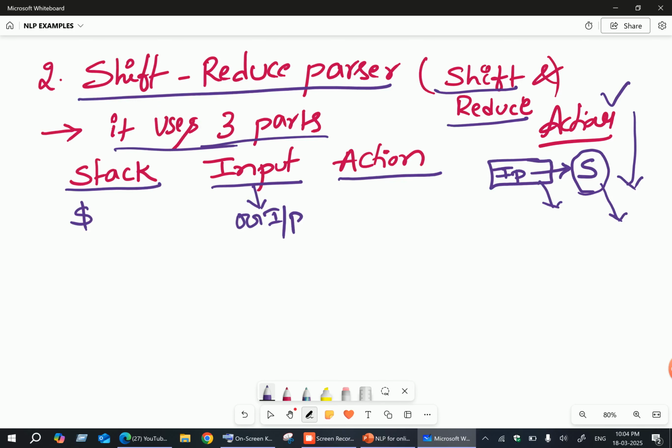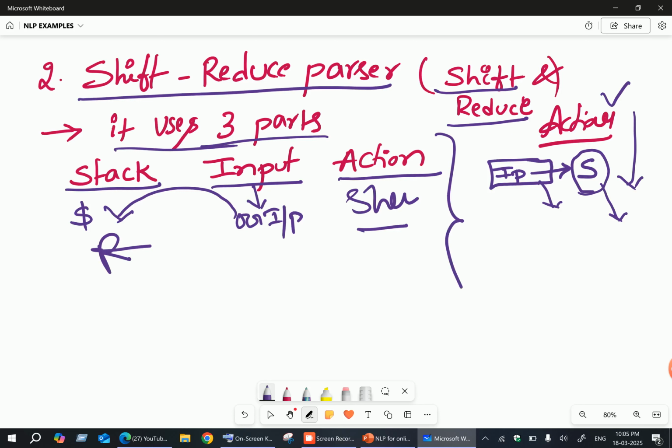Those who know the data structures concept know very clearly about stacks. To reduce our string to the start symbol, we need to perform either a shift action or a reduce action based on the given grammar.